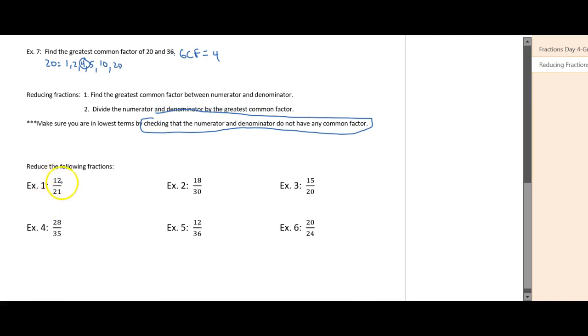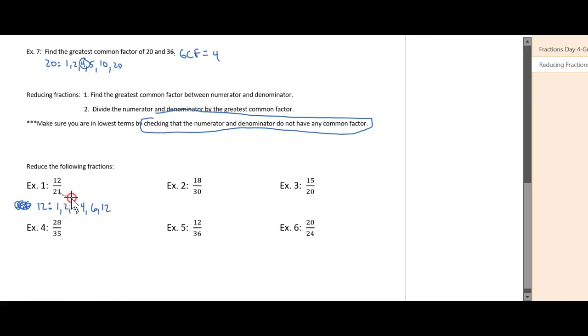Sometimes I will find the common factors of the smaller number and see which one goes into the larger number. So what are the factors of 12? We know 1 does, 2, 3, 4, 6, and then 12.